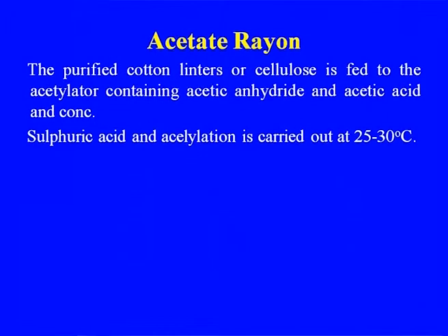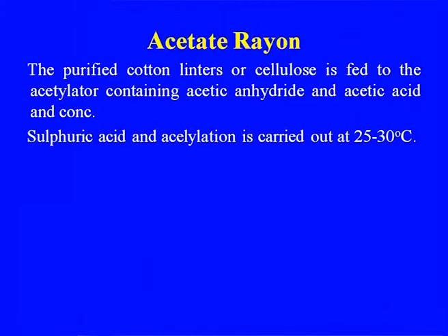Here the purified cotton linters, which are cellulosic material, the fiber being stronger than the cellulose, is fed to the acylator containing acetic anhydride, acetic acid and concentrated sulfuric acid. Acetylation is carried out at 25 to 30 degrees centigrade.